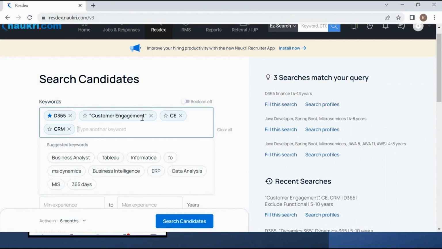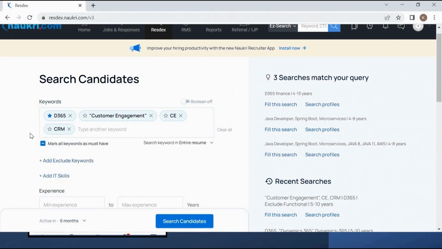It means any word is acceptable. I hope this is clear. Now the D365 is mandatory and these 3 are like any: if the candidate has used any word out of these 3, that resume will appear in the search.